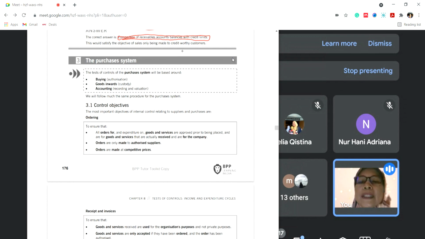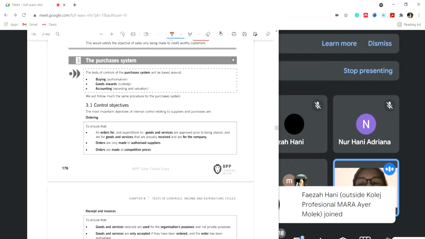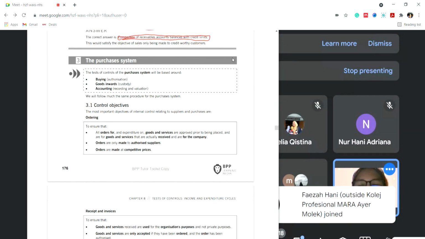For the purchase system, what you are going to look into is the business process. You have to look at the authorization of the purchase system itself, how the purchasing system is made.